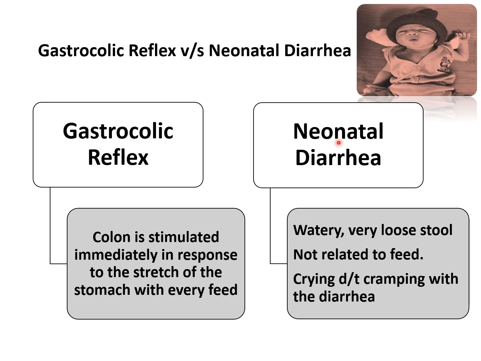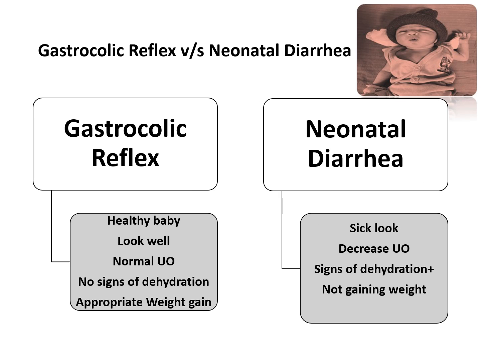Now in neonatal diarrhea, the baby will have watery, very loose stool. There is no relation with the feed, and the baby will cry due to cramping with the diarrhea, so abdominal pain will be there. Again, clinically we have to differentiate.